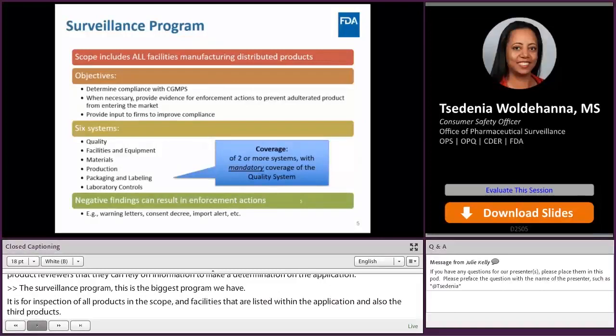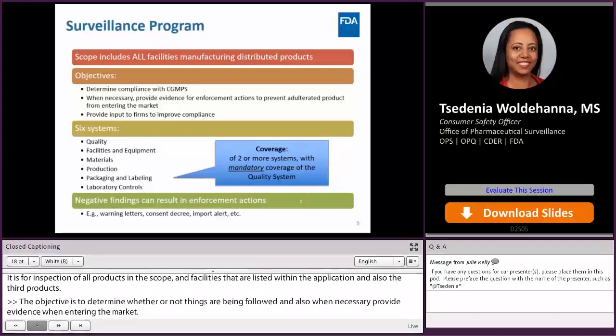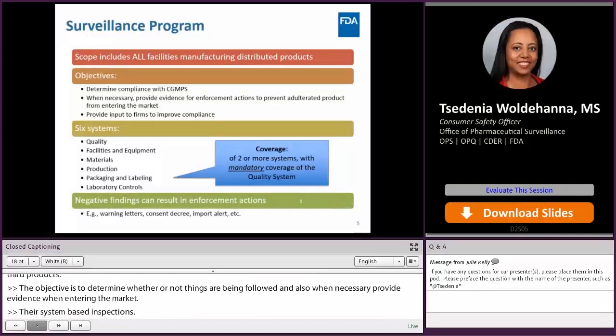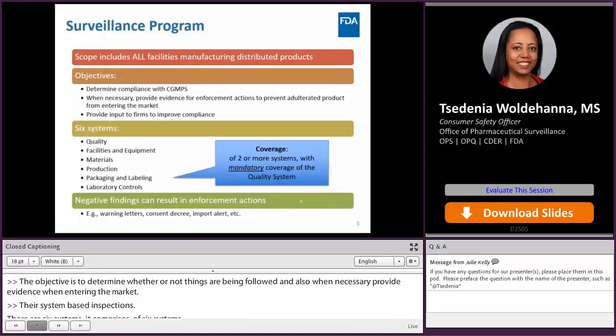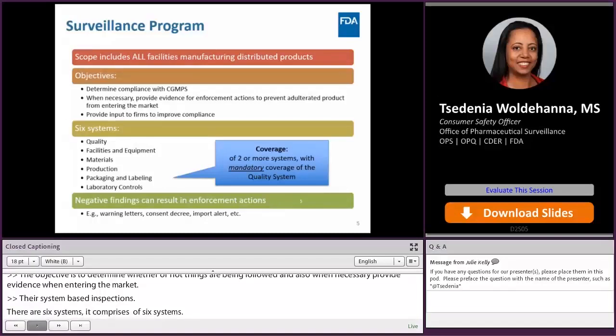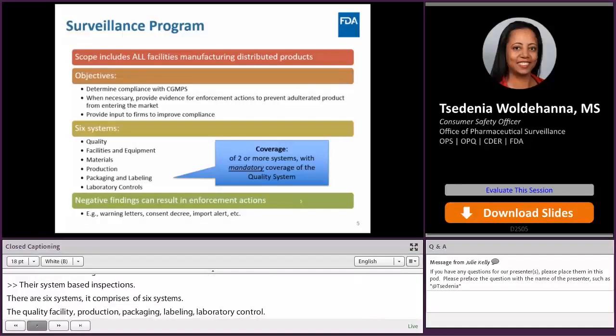They are system-based inspections. It is very important to note that FDA's system-based inspections comprise 6 systems. They are the quality, facility and equipment, materials, production, packaging and labeling, and laboratory controls systems. Coverage of these systems is essential to the surveillance program, and 2 or more of these systems are evaluated during each inspection.